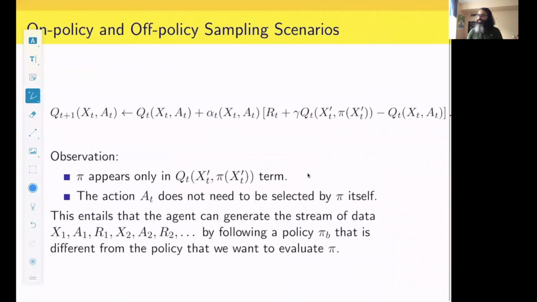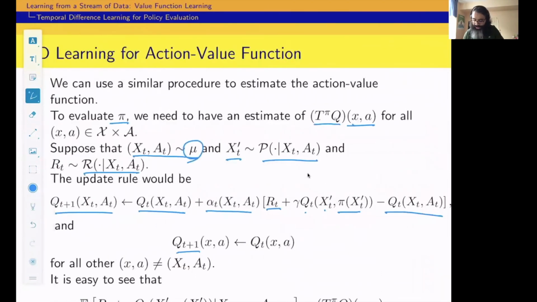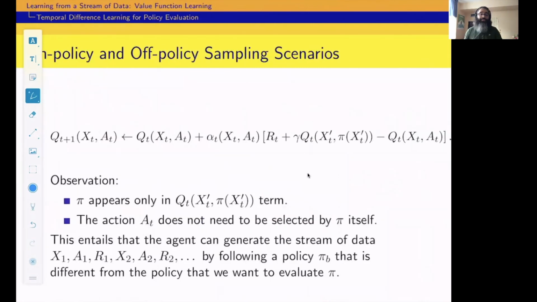Okay, one interesting observation. Here, when I chose x_t and a_t, I chose them from distribution mu. But this distribution mu does not have anything to do with the policy.